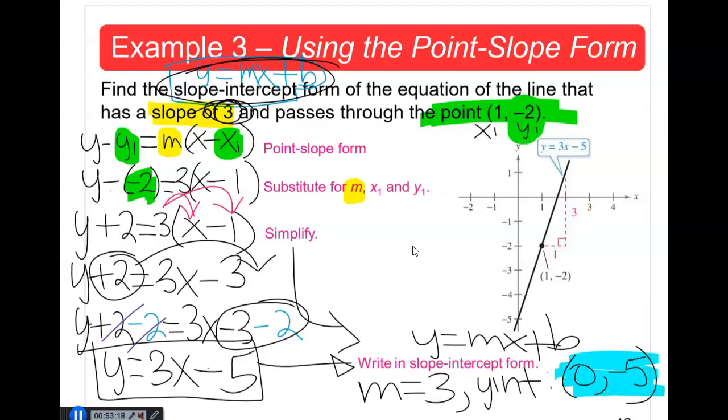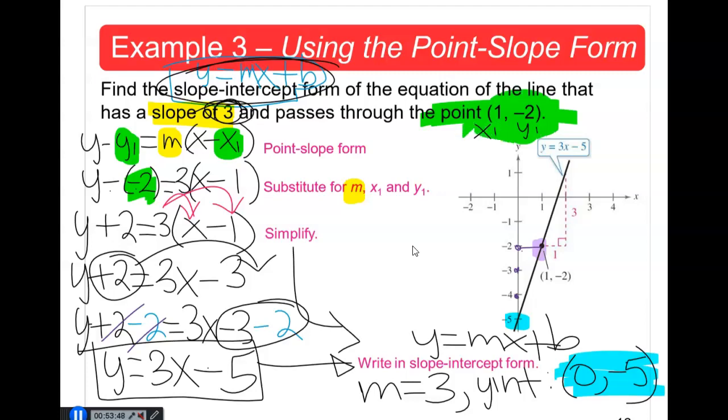We have the y-intercept, which is the point on the y-axis. And the slope being positive 3 means 3 units up, 1 to the right. 1, 2, 3 up, and then 1 to the right. So you have your second point right here, which was actually the point that was given to us.